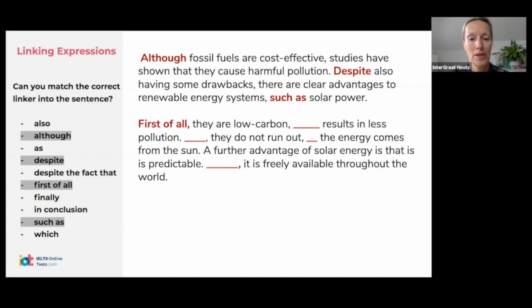First of all, good. And remember, when you're sequencing, you need a comma, okay, after that. And yeah, which results? The next one. Yeah, also, I think some of you said that. Also, they do not run out as, that's right.